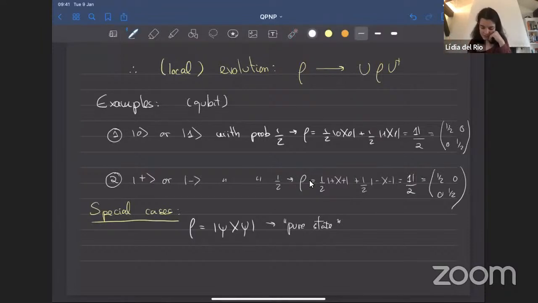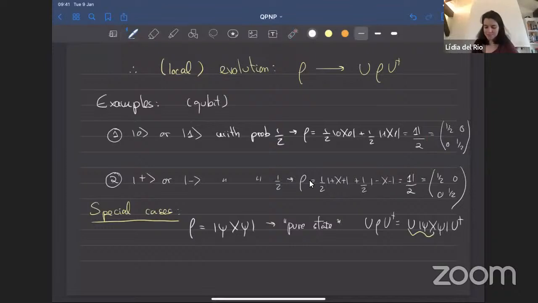Because when you look at the dynamics of this, it's just U|ψ><ψ|U dagger, there's no sum. So in practice, we can always work with just this object, with just the vector. We don't need to consider the matrix for most things. Okay? We'll see later this explicitly. So keep in mind that everything we've done so far corresponds to knowing exactly what quantum state we have in front of us. And we'll see later why this is not possible in practice.